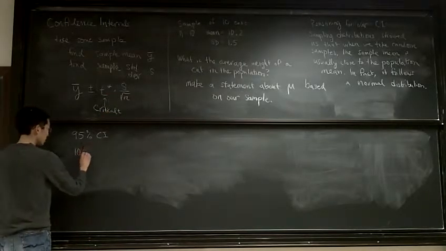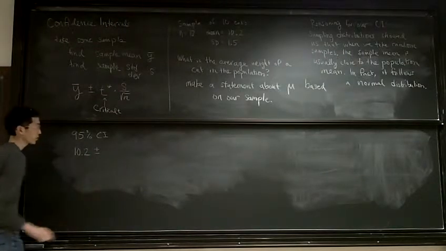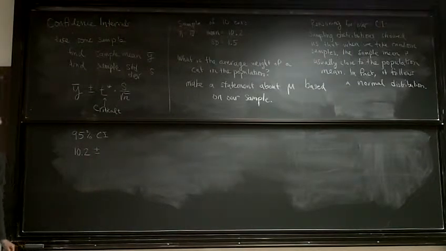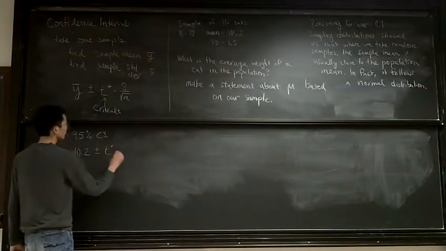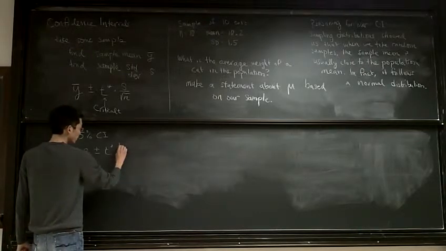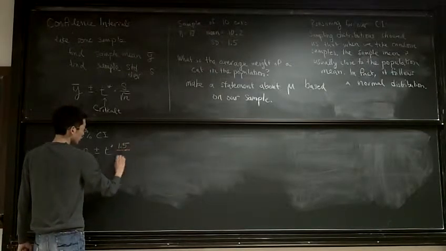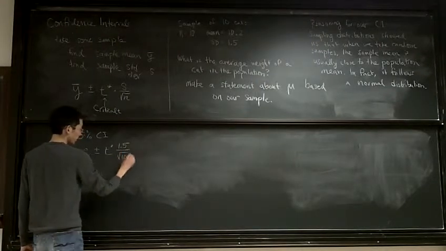So y bar is 10.2, plus or minus t star, which we will look up in a moment, times s, which is our 1.5, divided by the square root of n, so square root of 10.